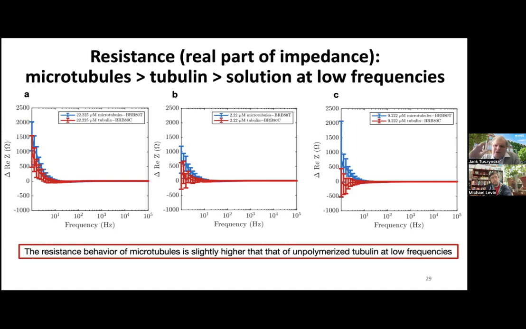At low ionic concentration, which was 20 times lower, not physiological, something like 4 millimolar, so let's say sodium, you have microtubules being highly conductive but not highly capacitive. At physiological or close to 80 millimolar, the opposite happens. They are more resistive and more capacitive.